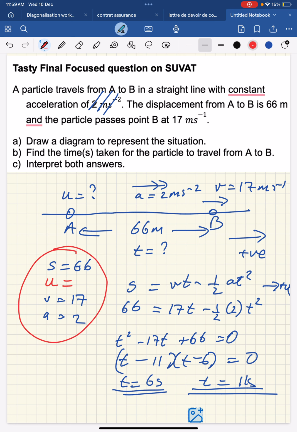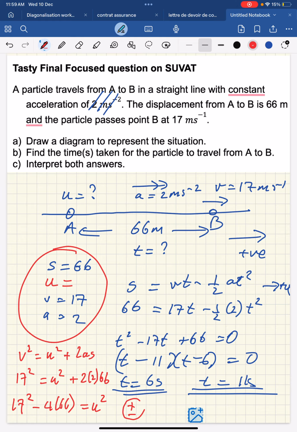Can you see over here, if we put on the side, v squared equals u squared plus 2as, 17 squared equals u squared plus 2 times 2 times 66. And when you do 17 squared minus 4 times 66 equals u squared, can you see there'll actually be 2 answers for u? There'll be a positive answer for u and a negative answer for u, and that's the key to this question.